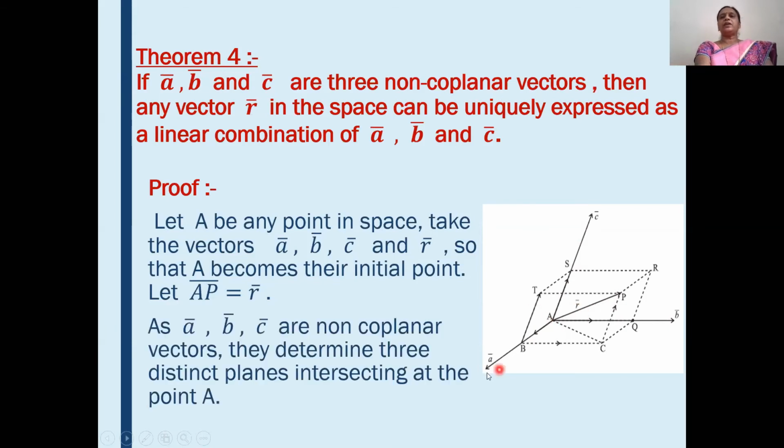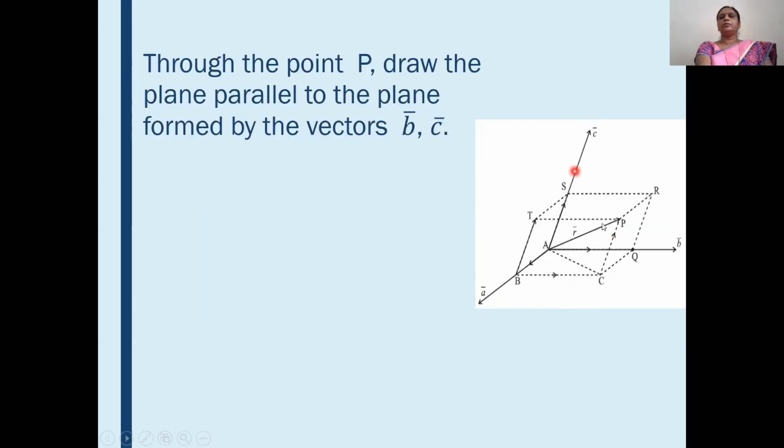As these vectors a bar, b bar, c bar are non-coplanar, they determine three distinct planes. See, a bar and b bar determine this plane, b bar and c bar this plane, and c bar and a bar determine this plane. Okay, through point P, we will draw a plane parallel to the plane formed by these two vectors b bar and c bar.